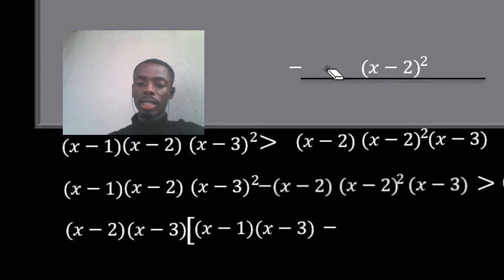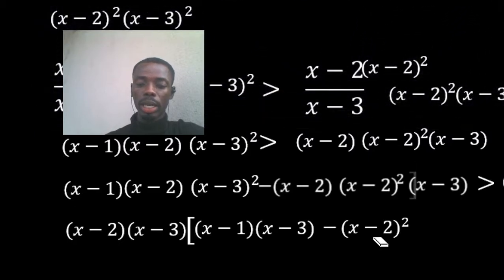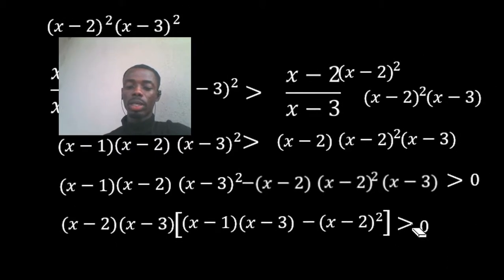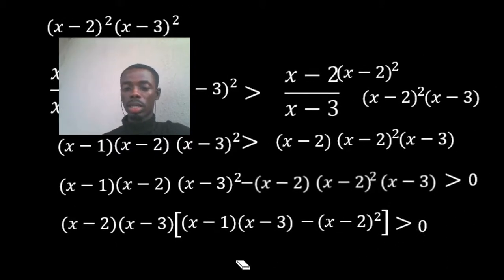So I'm bringing down this negative. This negative is here already. And I'm bringing down x minus 2 squared. That's what I have in my factorization. So closing my square bracket, that's what I'm having. Then it's greater than 0. So what's the next thing? The next thing I have to do is let me simplify all I'm having in my square brackets.